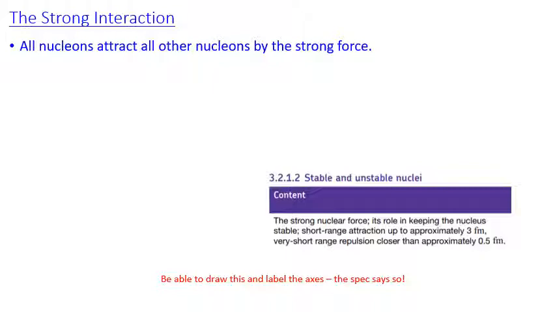But also that if the nucleons get too close together, closer than 0.5 femtometers, the strong nuclear force is repulsive. It pushes them apart. We can just imagine this as the nucleons butting up against each other, and so their edges are pushing each other apart. That might be a picture to have in your head of what's going on.